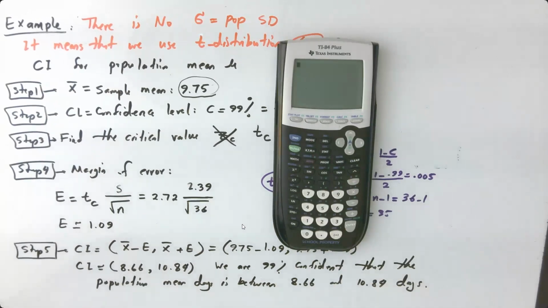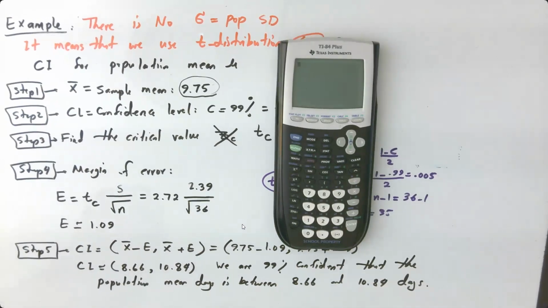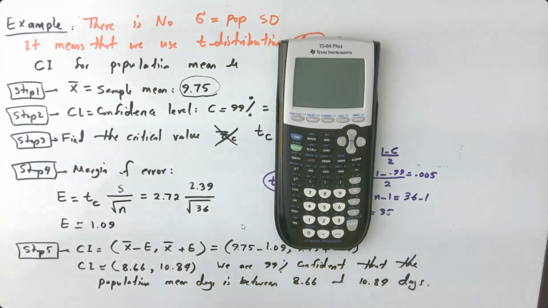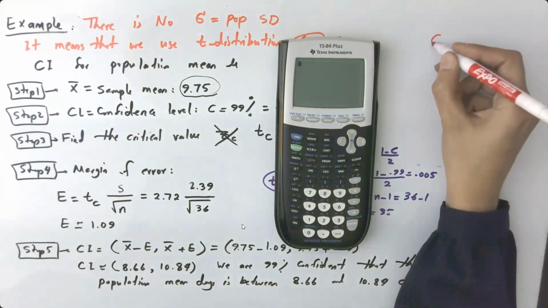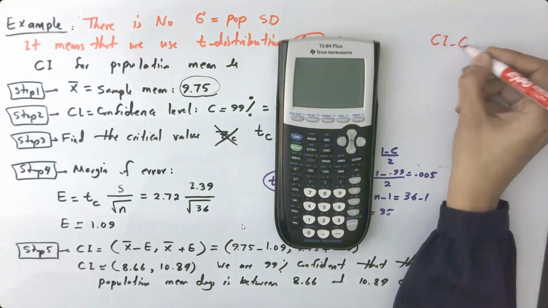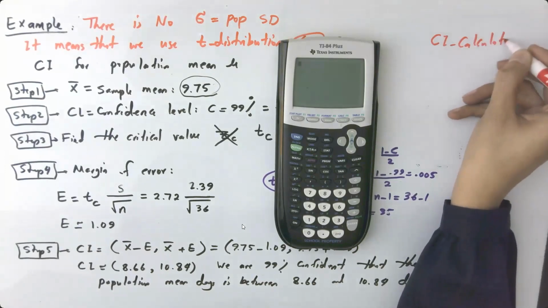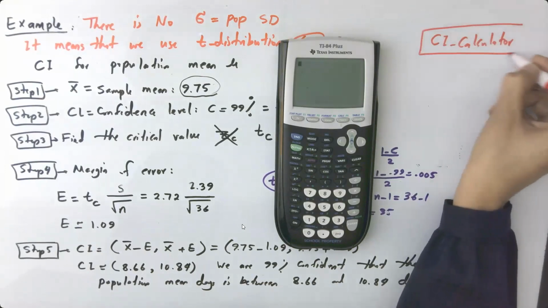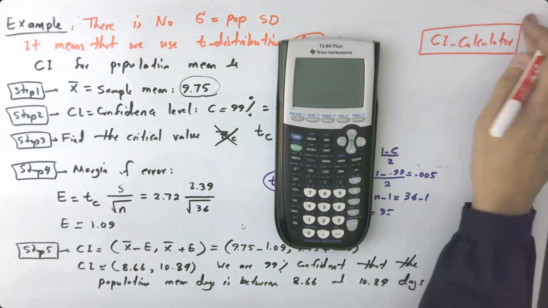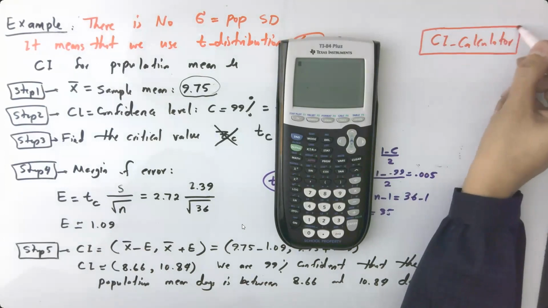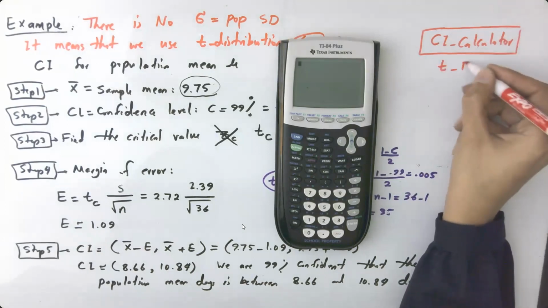So to use your calculator, you're going to turn on your calculator. Let me write it down. Calculator confidence interval. Then we are dealing with the T distribution.